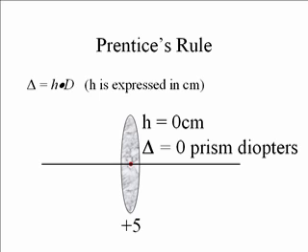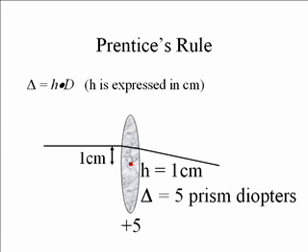It's a converging lens. It's a plus 5 diopter lens. So Prentice rule gives us that delta, the number of prism diopters, is equal to h times d. H is 0. Therefore, the amount of prism diopters is 0. And this is consistent with our understanding of this ray of light passing through this lens because, as we see, it passes through the lens undeviated, unbent.